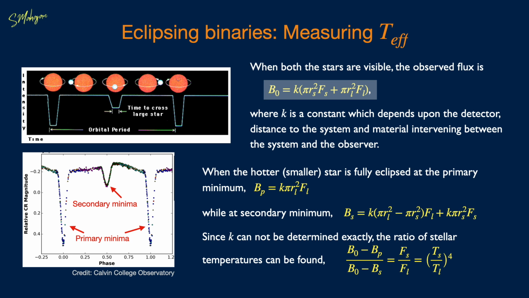Now, when the smaller, hotter star is fully eclipsed at the primary minimum, the observed flux is given by this expression because only the larger star is visible. But then at the secondary minimum, the smaller star will obscure part of the larger star and the observed flux will be given by this changed expression. Since K cannot be determined exactly, the ratio of stellar temperatures can be determined in terms of the observed flux of the two stars.